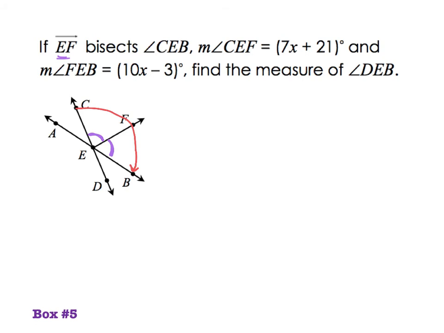Now the second part of this problem says that CEF is 7x plus 21. So it's 7x plus 21. And FEB, let me write it in orange, is 10x minus 3.